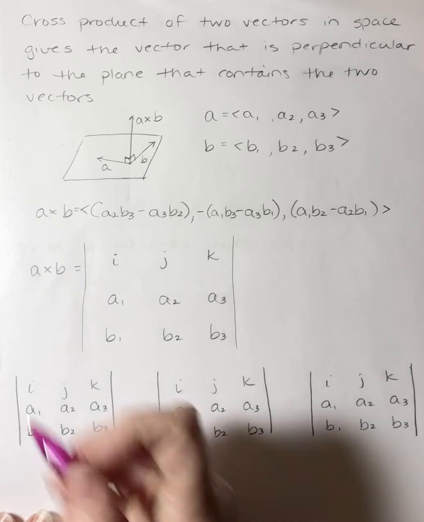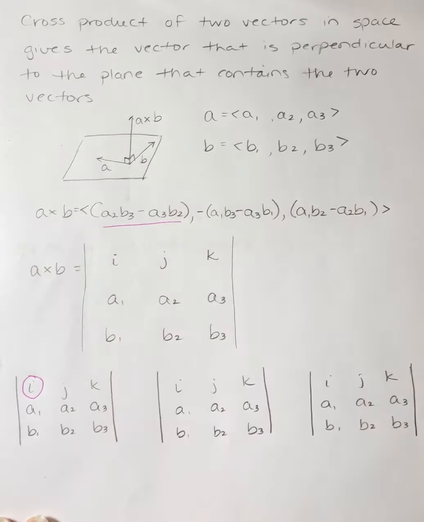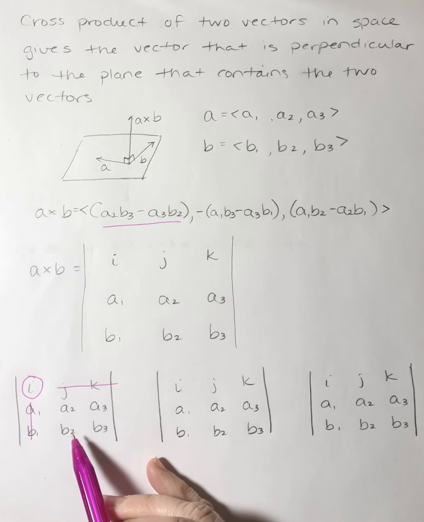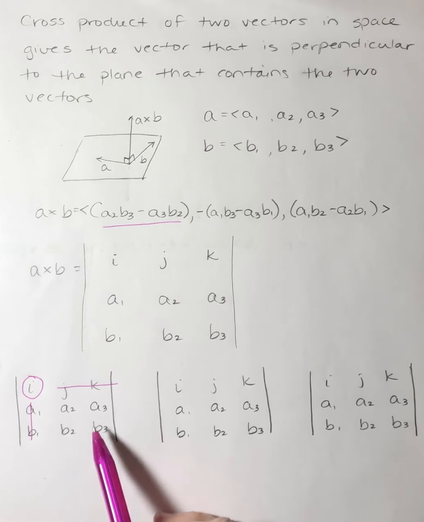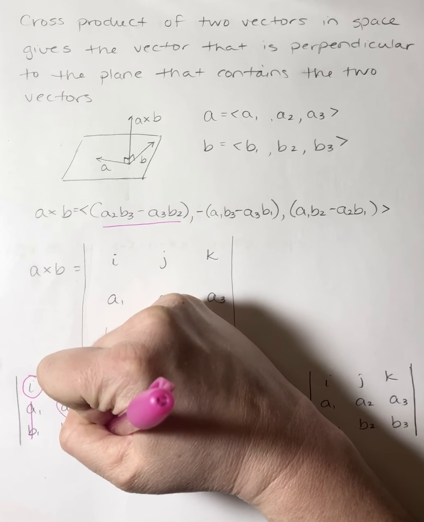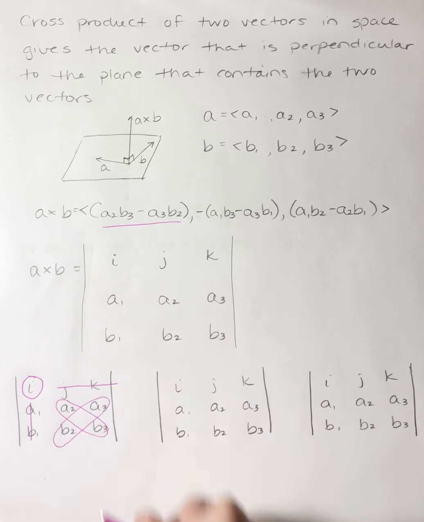So the first thing I do for my i coefficient for this very first one is I find the determinant of this 2 by 2 matrix. So if you remember how to find the determinant of a 2 by 2 matrix, I take this product minus this product.